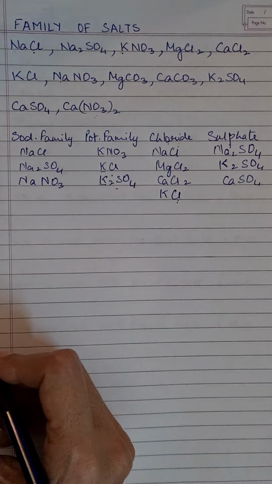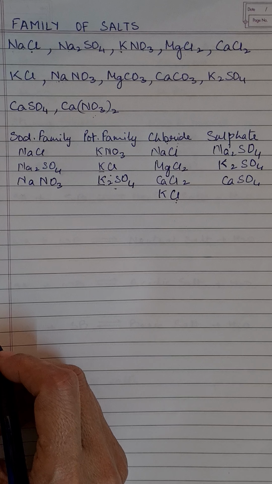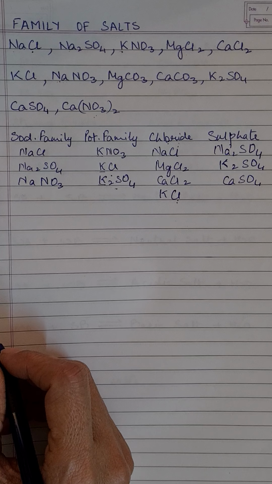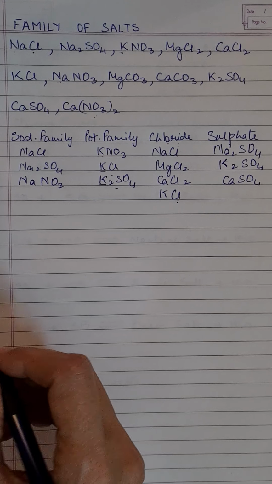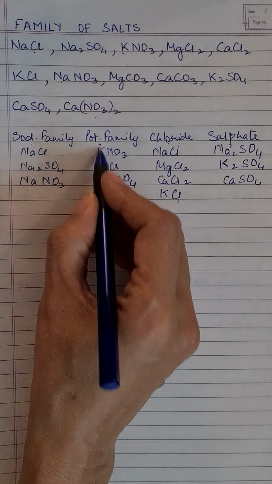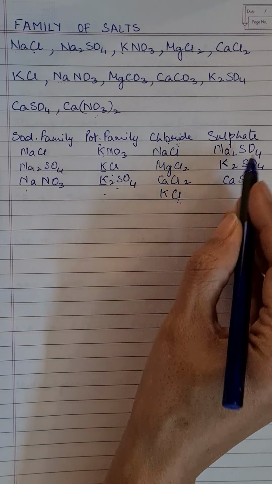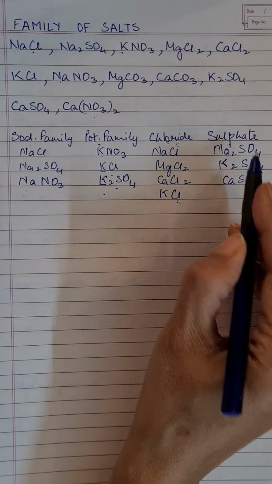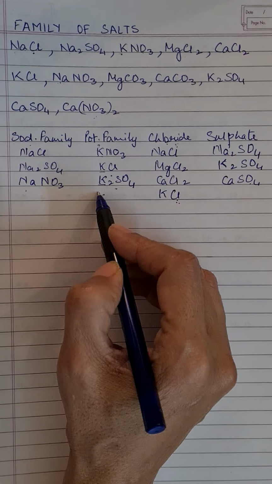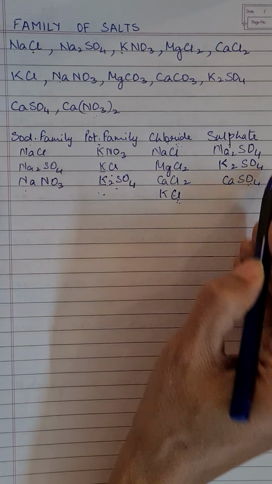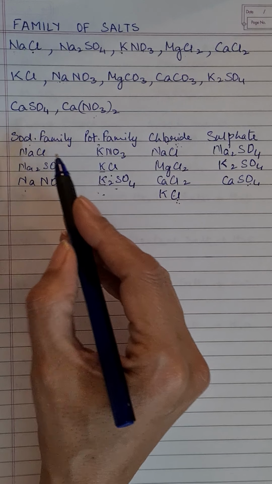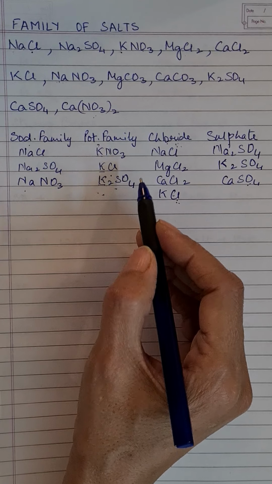So this is how we find out the members which belong to a particular family based on a common cation or a common anion. That cation or that anion would give the family its name. So I hope this is clear?